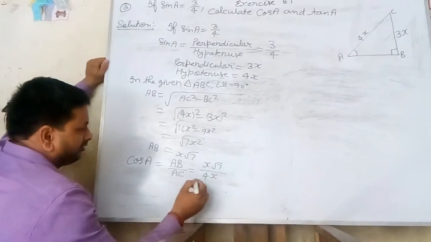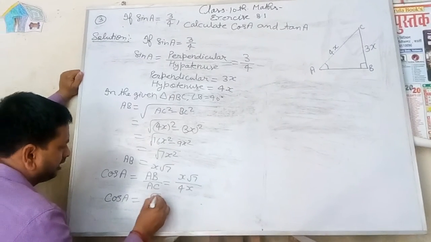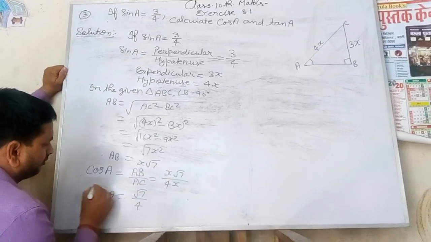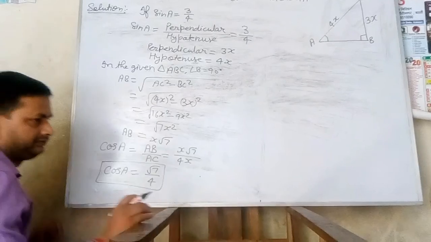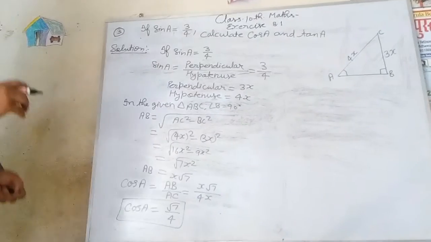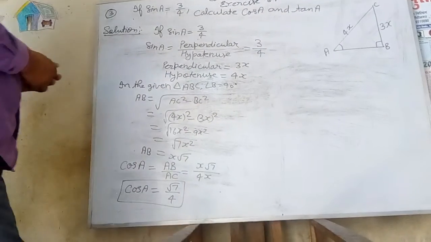X will cancel out here. So cos of angle A equal to under root 7 by 4.